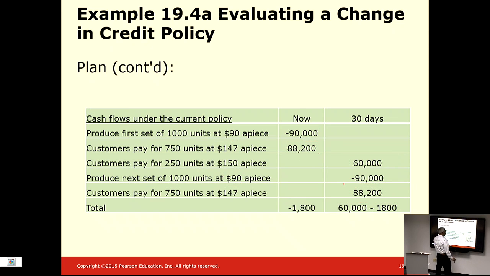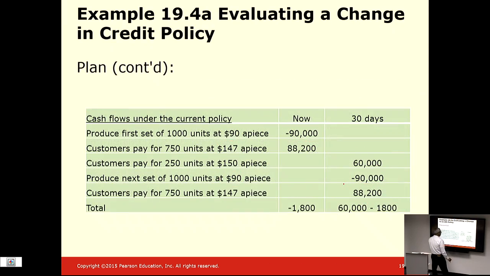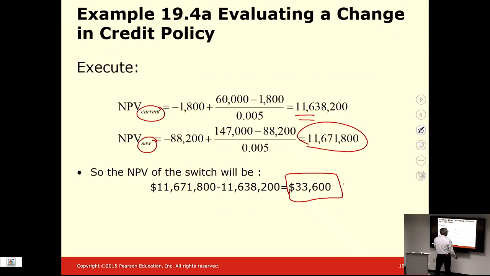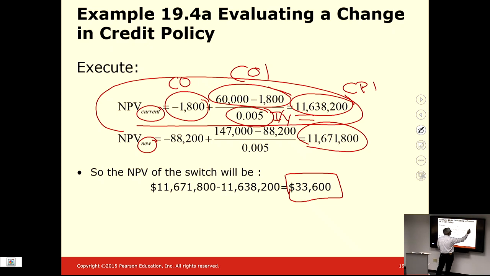So those are our net cash flows. So I take all of that, and I put that into my NPV equation. So this is my upfront net cash flow. So this is C0, this is C1, this is i, and I'm computing net present value.